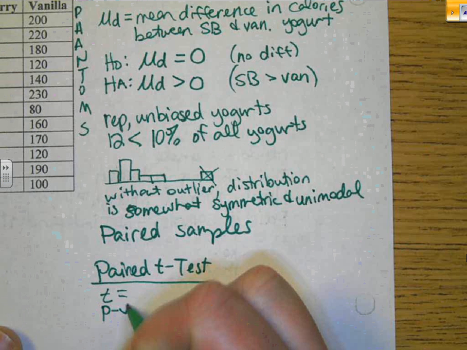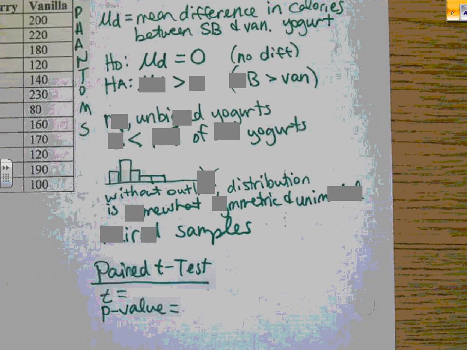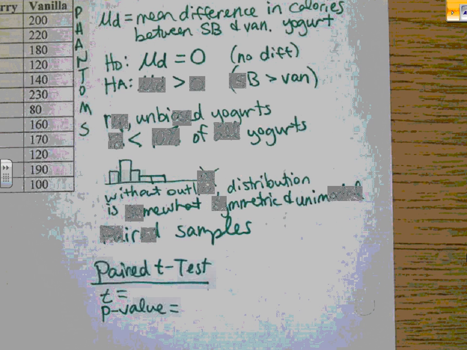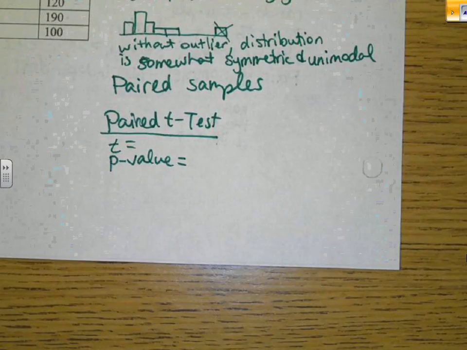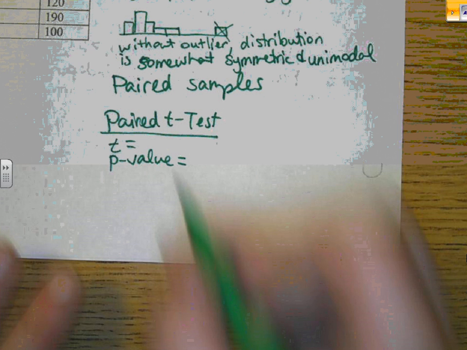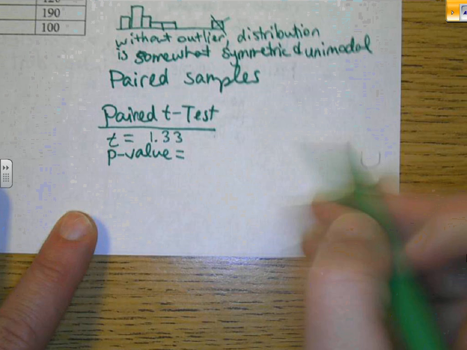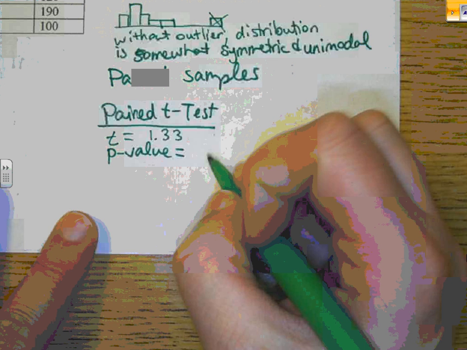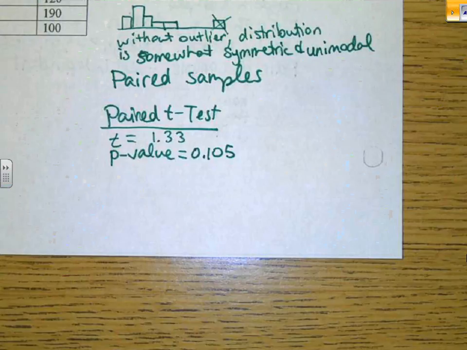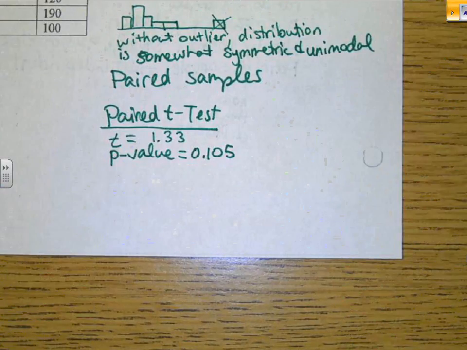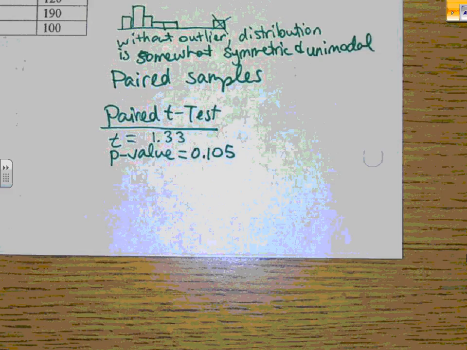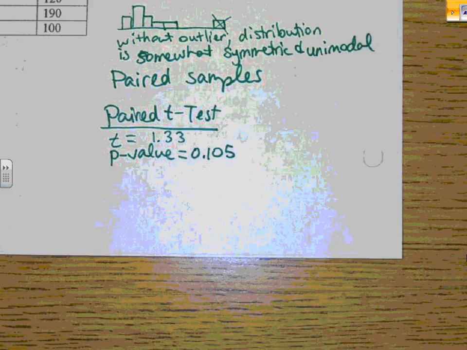The T is like a z-score, but for the T model, so it's just how far away it is from the mean, the middle. How unusual it is. 1.33 and 0.105. Did anyone get that? Good. Any questions about how to get that? Easy. You already know this.